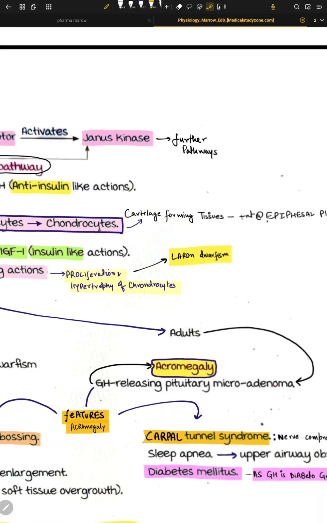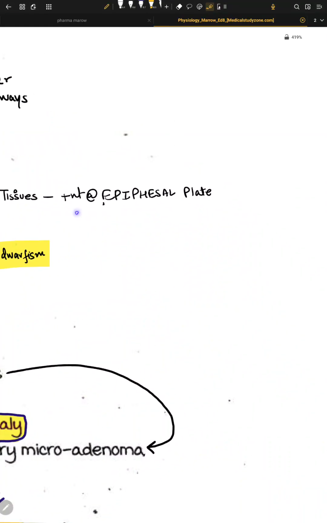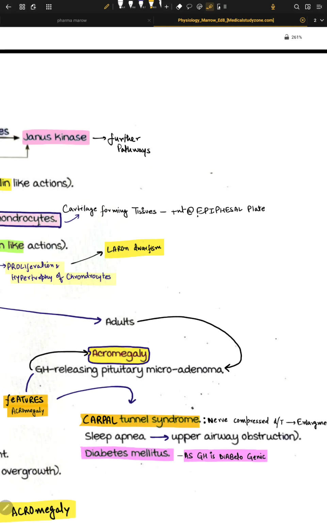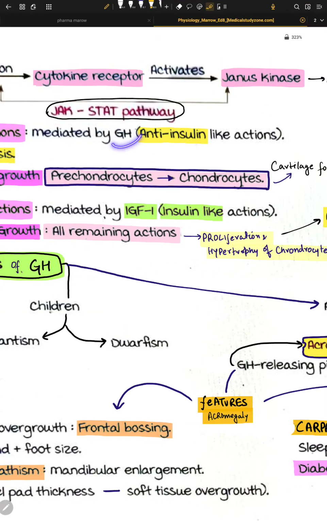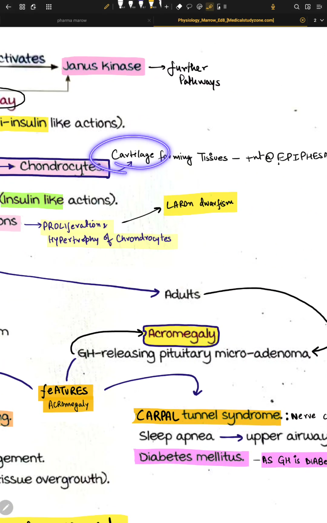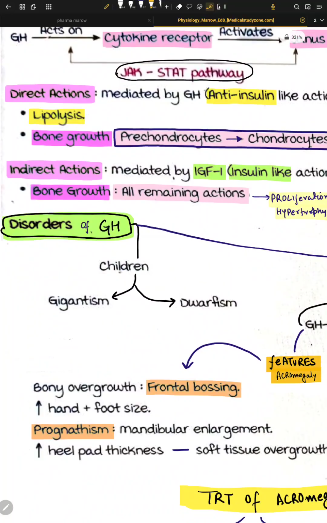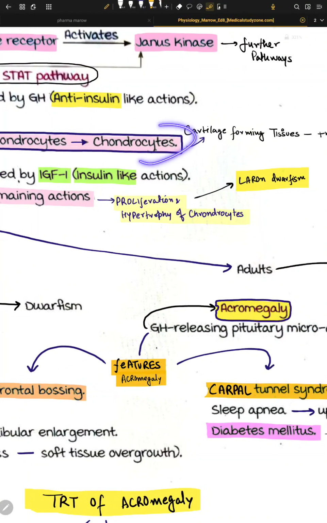Chondrocytes are the cartilage-forming cells, and they are present at the epiphyseal plate. So if you have good levels of GH, there will be good conversion of prechondrocytes into chondrocytes, and then you will have good levels of cartilage at your bone. If you have low levels of GH, then the cartilage formation will be stopped.